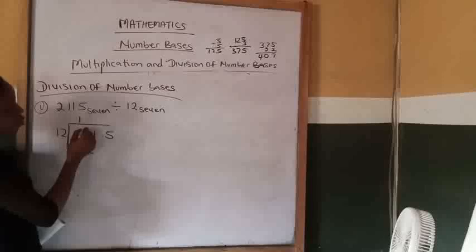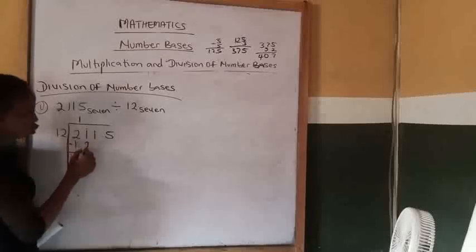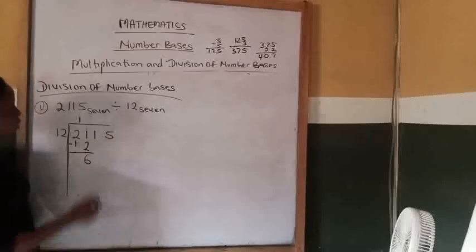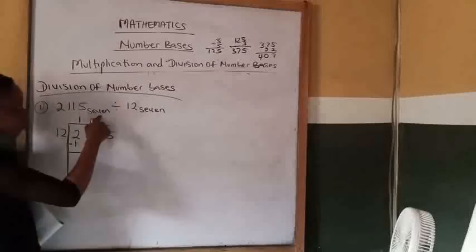That will be your base. So the one that I borrowed is now 7. 7 plus 1 will give me 8. So 8 minus 2 will give me 6. So 21 minus 12 to the base of 7 is 6.